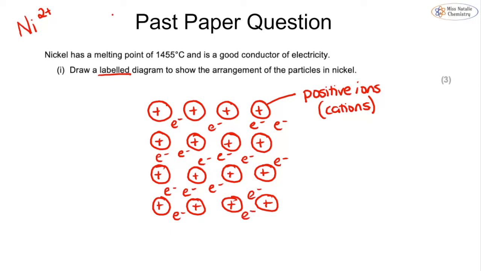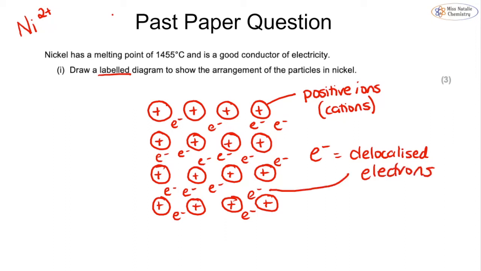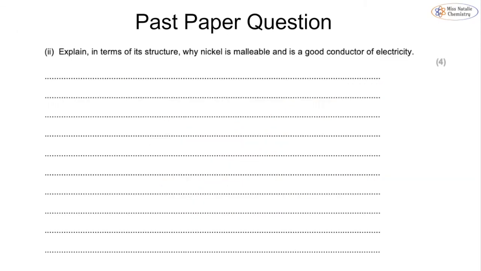Okay, they don't have to be perfect, but then we can also just show that e are your delocalized electrons, and showing that that's what that means. So there we've got our labelled diagram. You want to have it labelled or some sort of key to show that we have delocalized electrons.